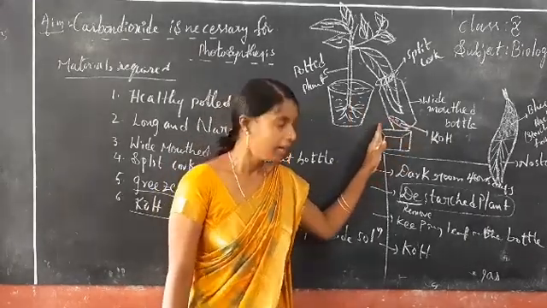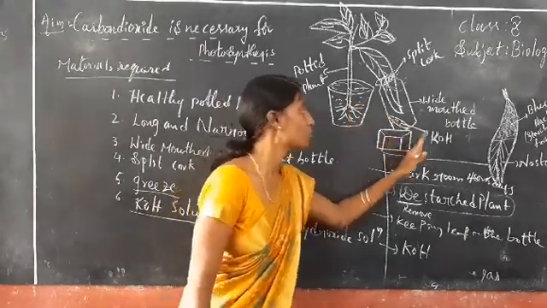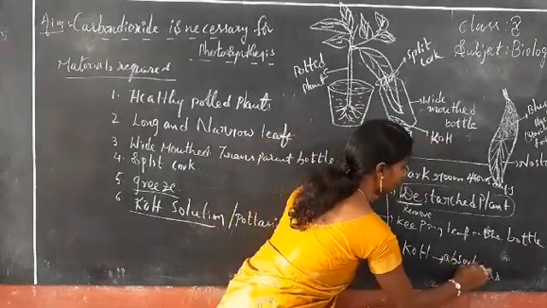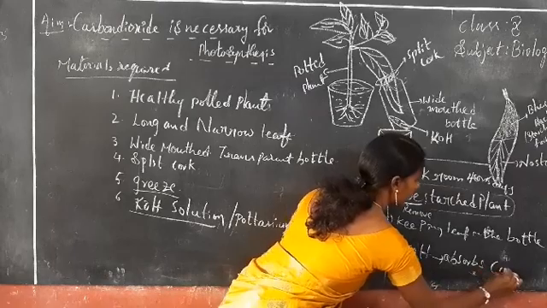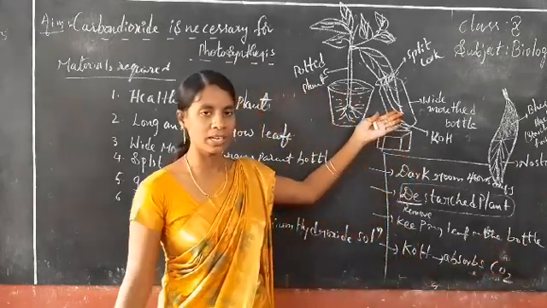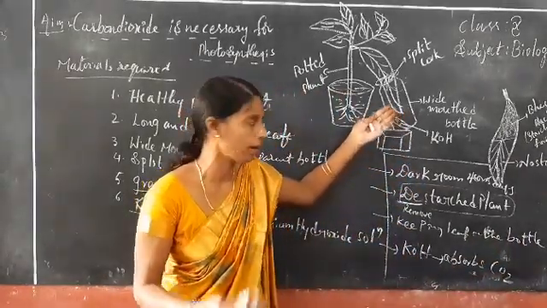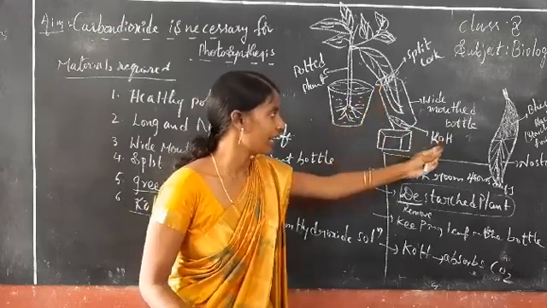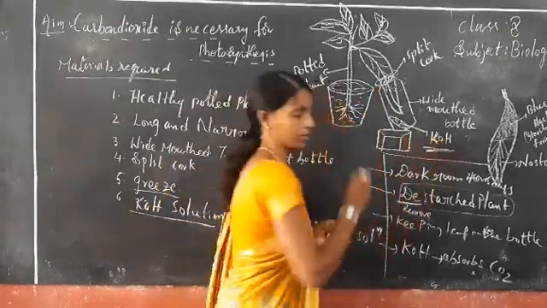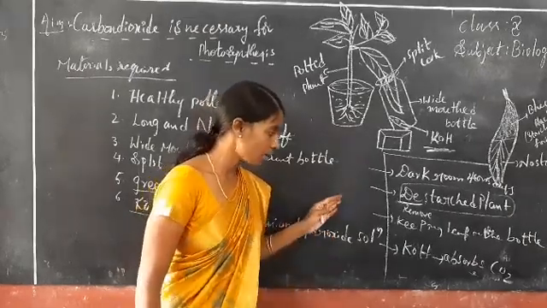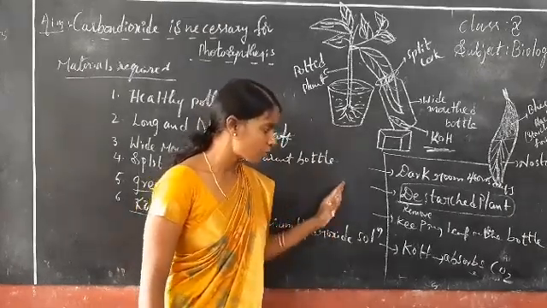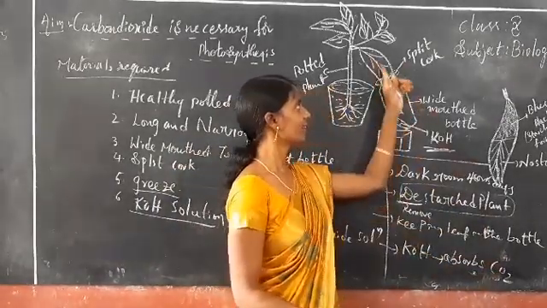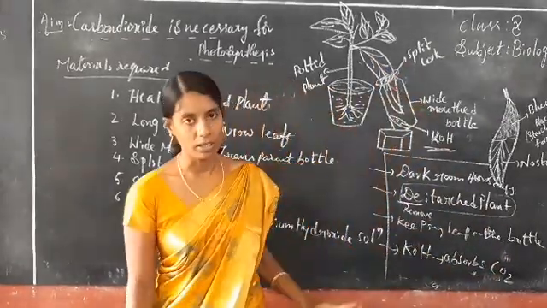The KOH solution absorbs CO2. This is also for marks. Clear, all of you? Because the wide-mouthed bottle is already occupied with CO2, by removing this CO2 we are adding KOH solution. KOH solution is the main thing. It absorbs that CO2.